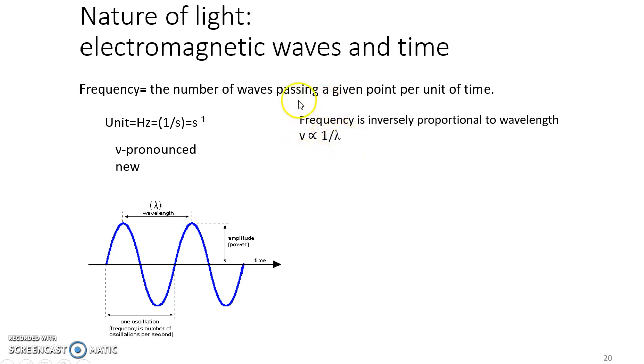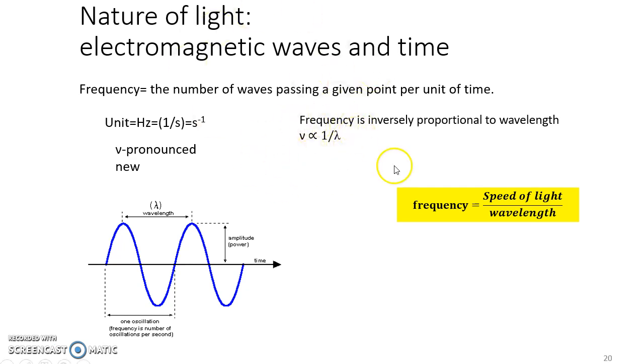So as frequency goes up, the wavelength must decrease. The given equation for that, to make it go from a proportion to an actual equation, we have a constant. And the definition is frequency is equal to the speed of light over the wavelength.